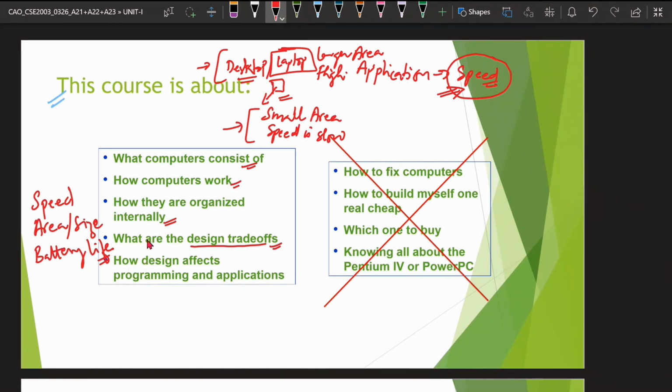The next point is how design affects programming and its application. In programming, we will see assembly language programming, like how we give instructions to the computer, in the sense that we give some inputs to the microprocessor, and with respect to that we get some output.